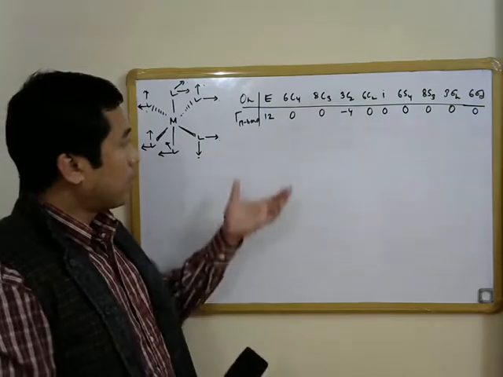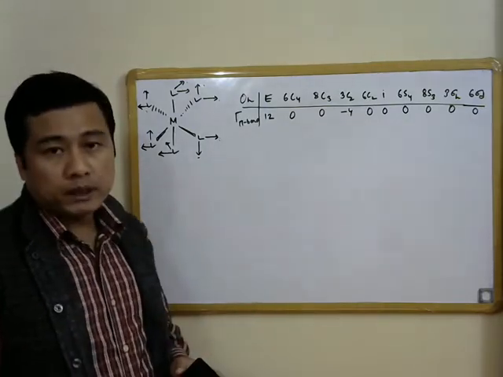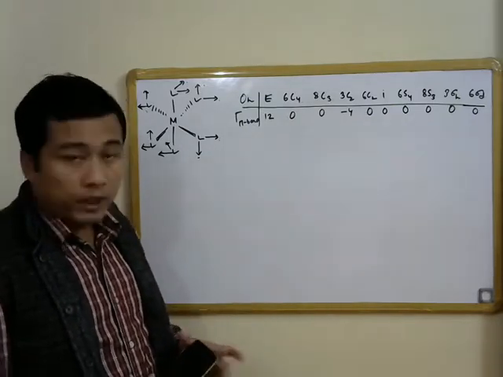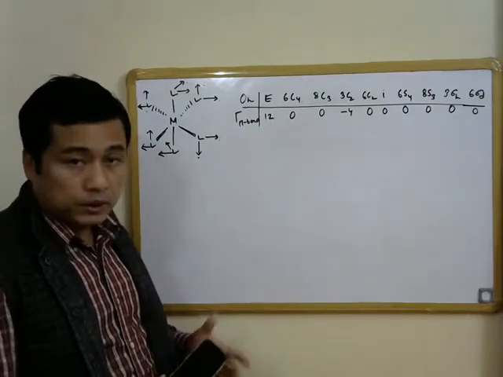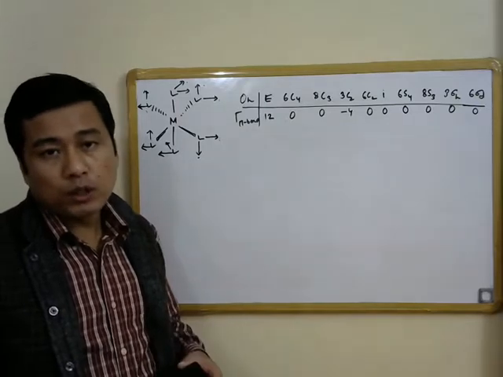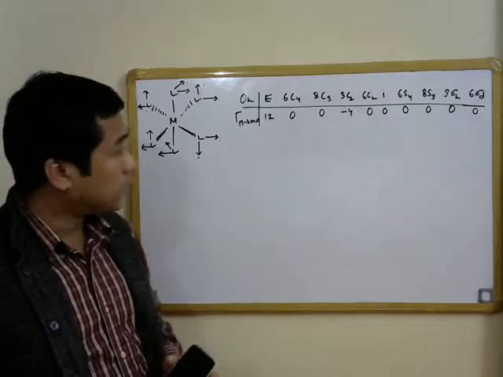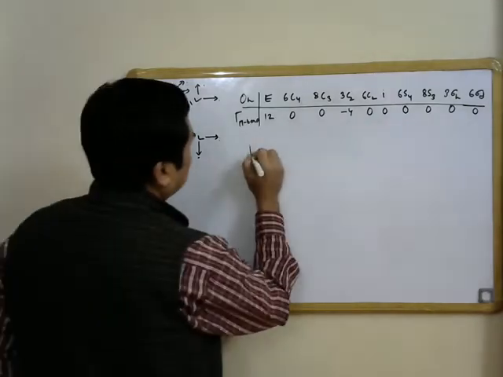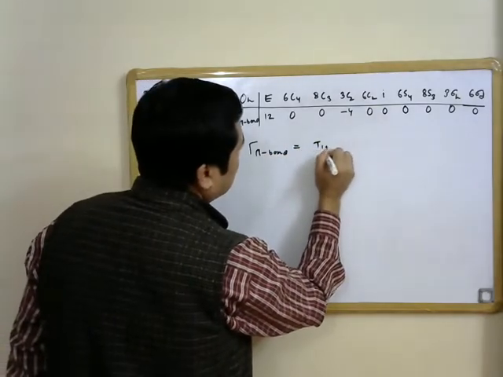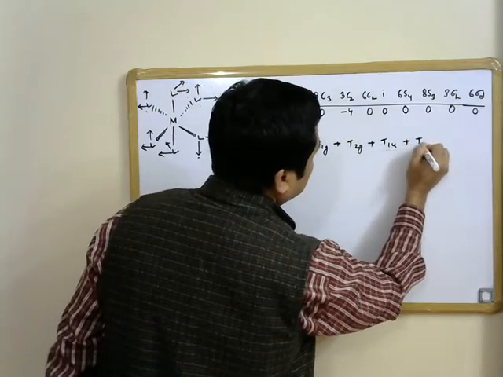So this is the reducible representation that we obtain by taking the pi bond vectors in an octahedral complex as the basis. Now if we reduce this reducible representation, or try to find out the irreducible components of this reducible representation in the octahedral point group, what we will find is that gamma pi bond is equal to T1g plus T2g plus T1u plus T2u.